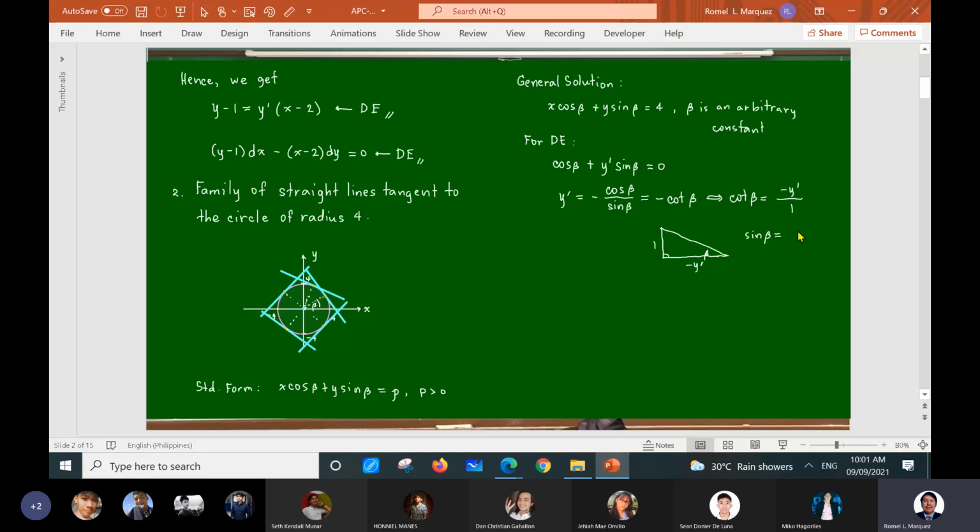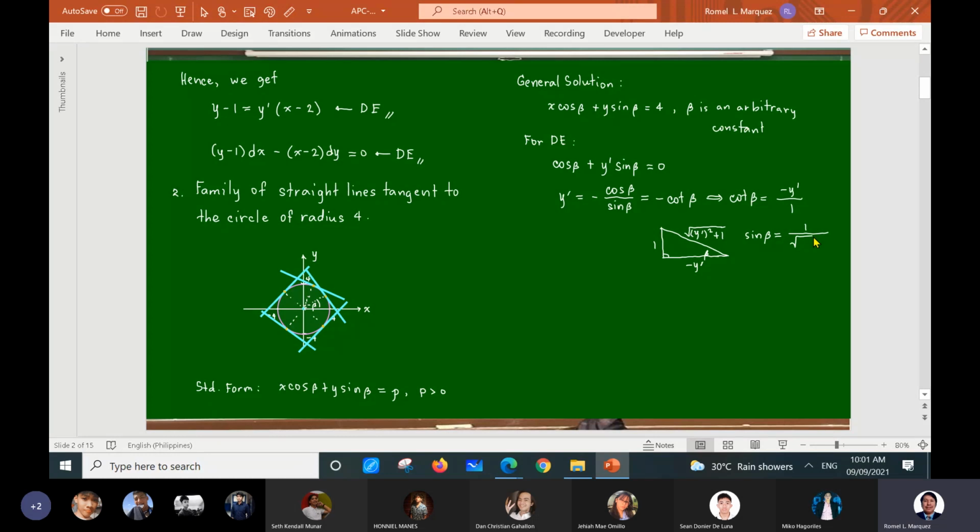We have to solve for the hypotenuse, right? That is the square of negative y prime, which is y prime squared, no more negative, plus the square of this, then take the square root. That is the square root of y prime squared plus 1. So sine beta is 1 over that, opposite over hypotenuse.